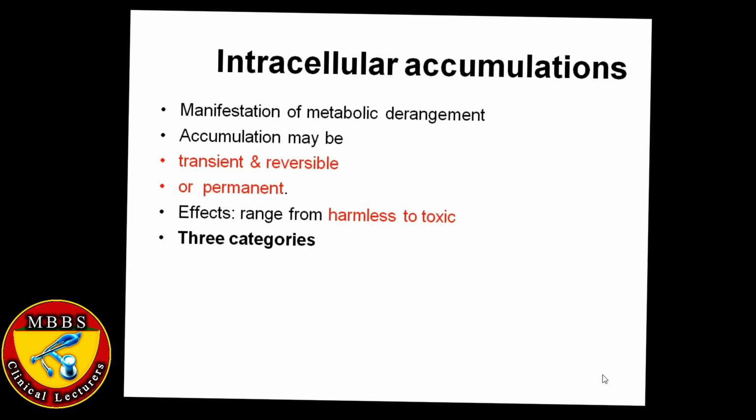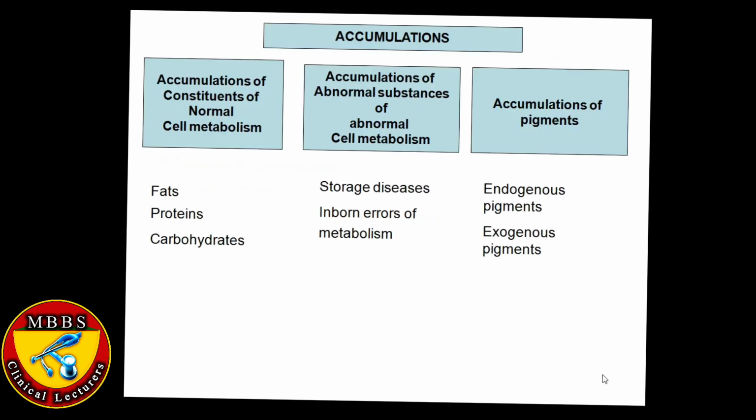We classify intracellular accumulation into three categories. First, accumulation of constituents of normal cell metabolism, like fats, protein, and carbohydrate. Second, accumulation of abnormal substances of abnormal cell metabolism, like that which usually occurs in storage diseases and inborn errors of metabolism. Third, the accumulation of pigments, which can be further classified into endogenous and exogenous pigments.